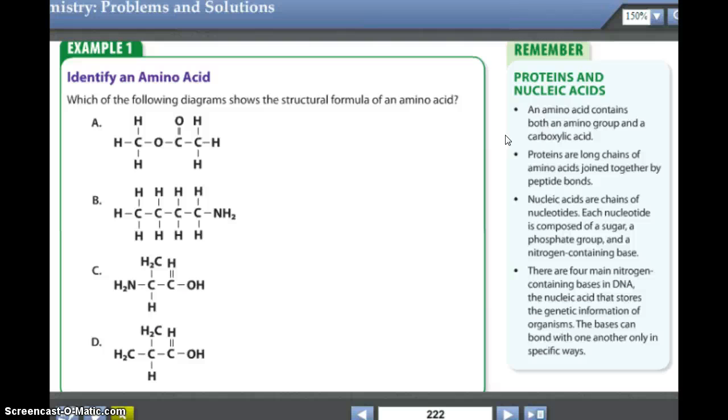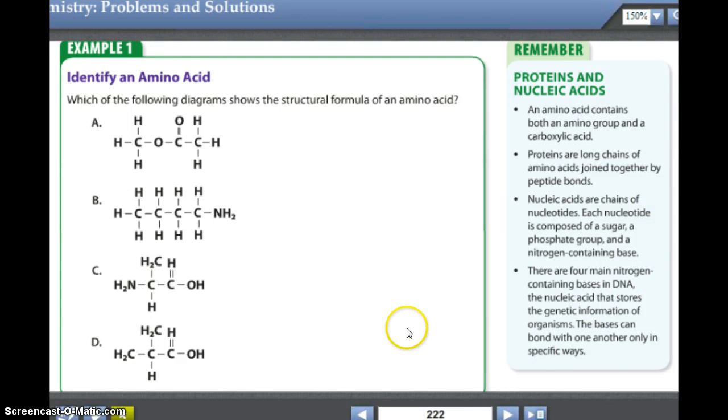Proteins are long chains of amino acids joined together by peptide bonds. Nucleic acids are chains of nucleotides. Each nucleotide is composed of a sugar, a phosphate group, and a nitrogen-containing base. There are 4 main nitrogen-containing bases in DNA. The nucleic acid that stores the genetic information of organisms. The bases can bond with one another only in specific ways.